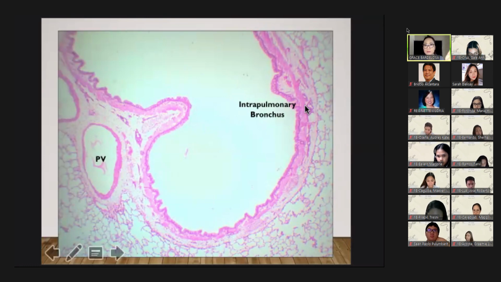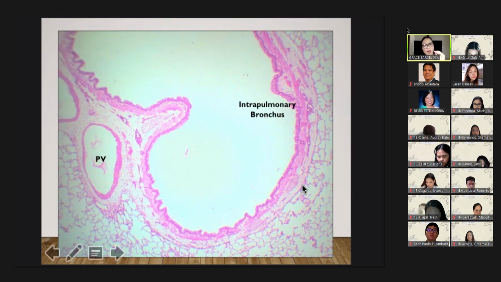And aside from that, there are few elastic fibers here. But of course, class, the elastic fibers could not be appreciated in this kind of staining because elastic fibers need special stains. So again, class, the lining epithelium is respiratory epithelium. Underneath is a lamina propria that is composed of spiral bands of smooth muscles. And we can also appreciate here thin elastic fibers.